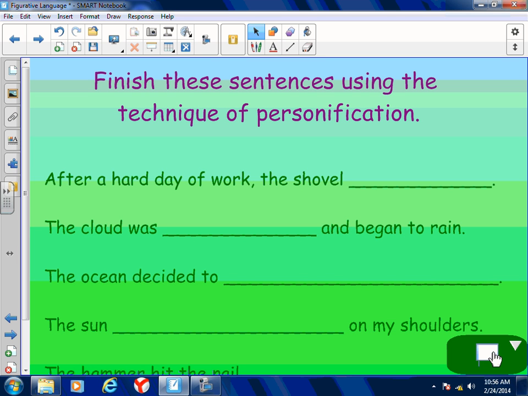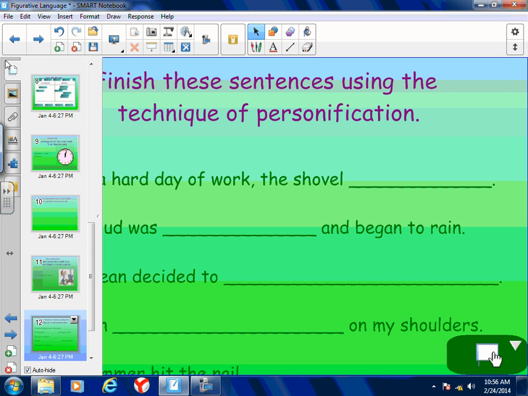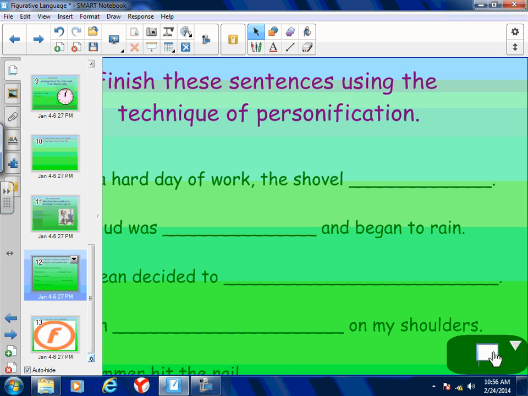And the rain here is like tears. And the ocean decided to shout or to attack. This is a personification. The sun sat on my shoulders. I want you to try it by yourself again at home after you hear my answers. Now let's move to the next.